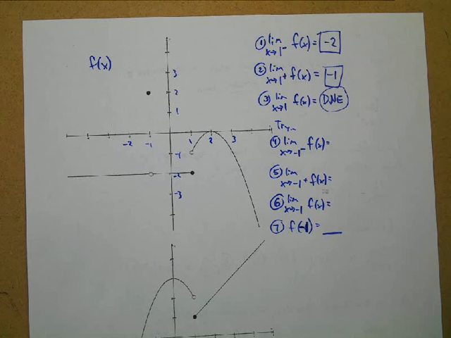Overall limit is essentially a combination of these 2 things. If these 2 things are different, then the overall limit can't exist because they don't agree. If the left and right both agree, then you know what the overall limit is. It's that number, yeah. So you'll notice here, you're going to have to write a limit times the value of the function at precisely -1.